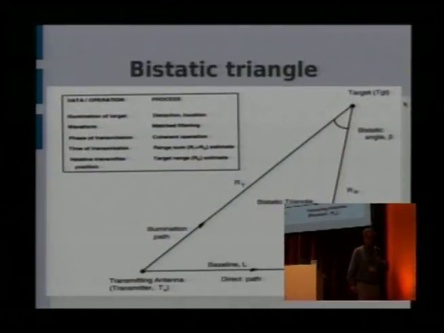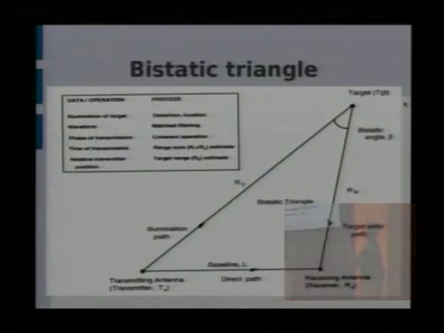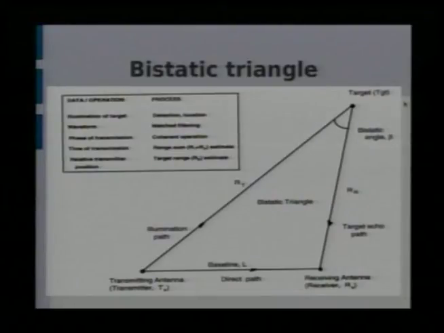Okay, here's the basic diagram of bistatic radar, and we'll see in a minute why we like this. So we've got the transmitter, and we have the receiver. All that we require in our case is that we know the relationship between the transmitter and the receiver.